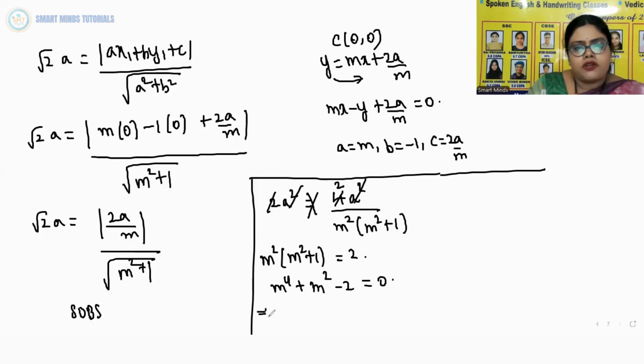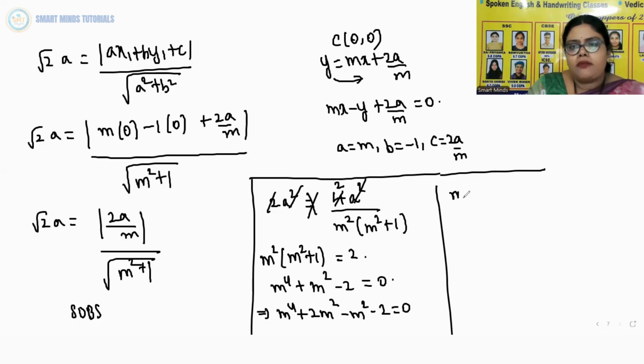So if we factorize this, we get m power 4 plus 2m square minus m square minus 2 is 0. We are splitting the middle term. Now if we take m square common, we get m square plus 2 minus 1 common, m square plus 2 is equal to 0.